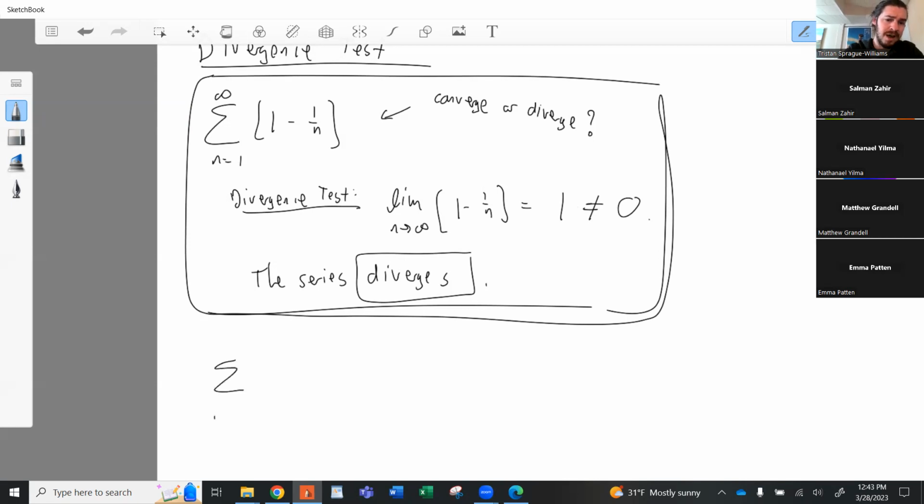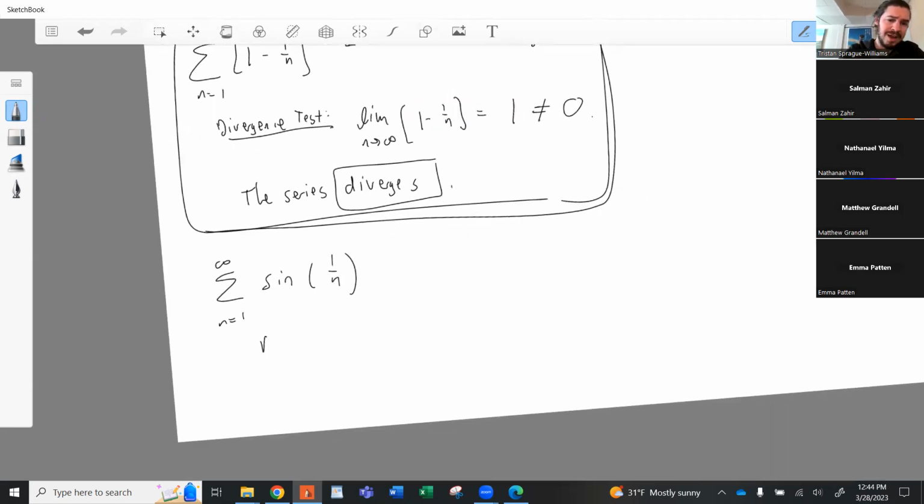Now, if it's not, if you have something like sine of 1 over n, apply the divergence test to that, and take the limit as n goes to infinity of sine of 1 over n. Well, this is going to end up being sine of 0, which is 0.